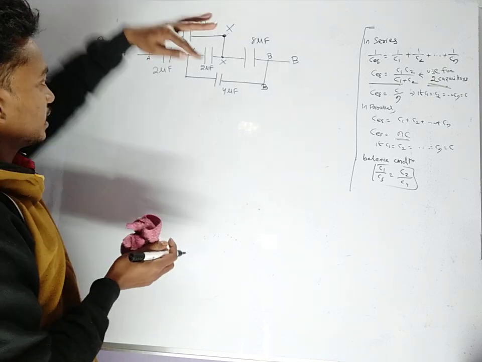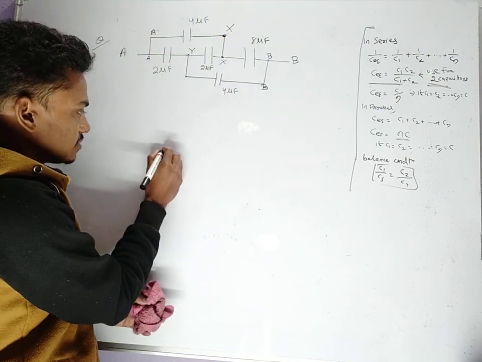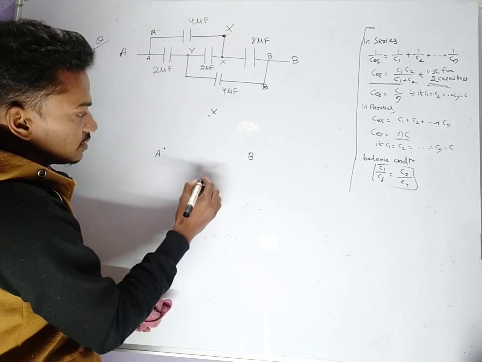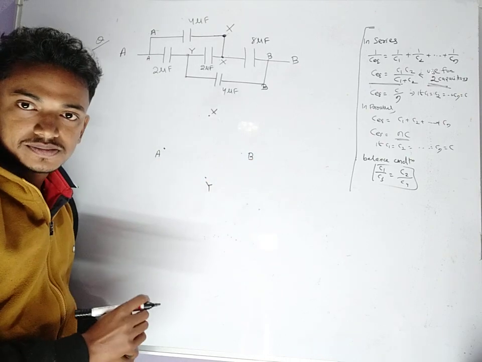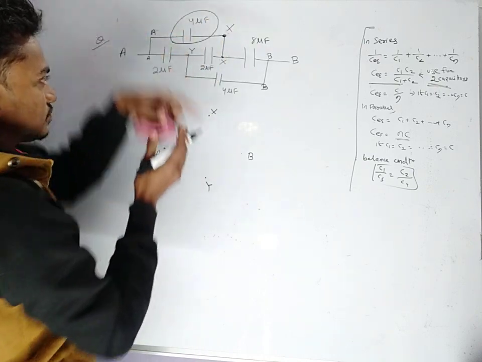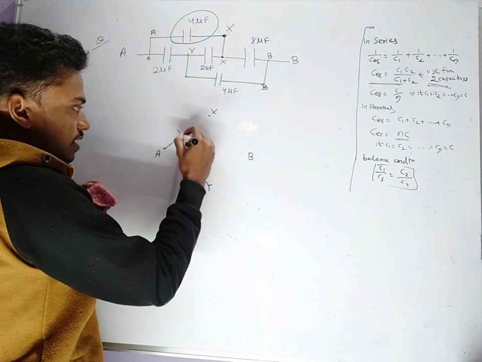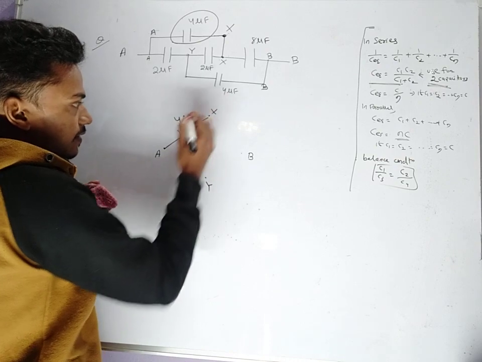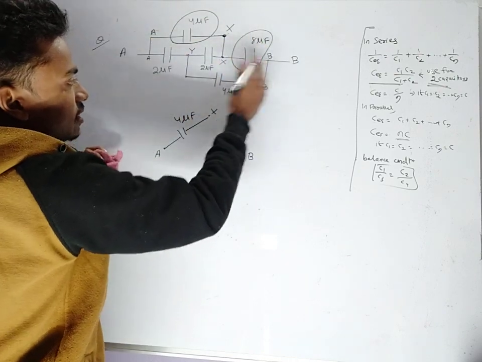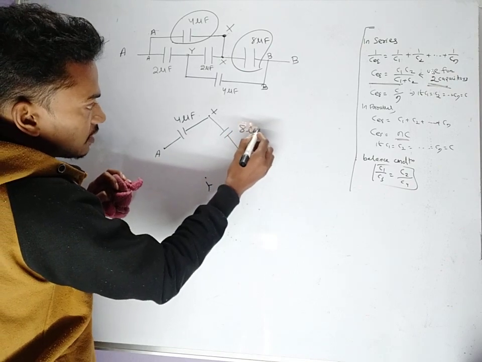So we got 4 points: A, B, X and Y. Rearrange this figure. This is A point, this is B point, this is X point, and this is Y point. So this 4 microfarad capacitor is connected between A and X. So connect this between A and X. Similarly, this 8 microfarad capacitor is connected between X and B. Connect this 8 microfarad capacitor.